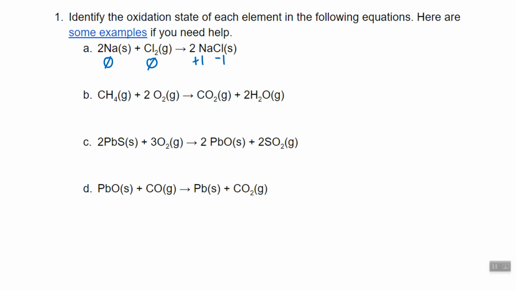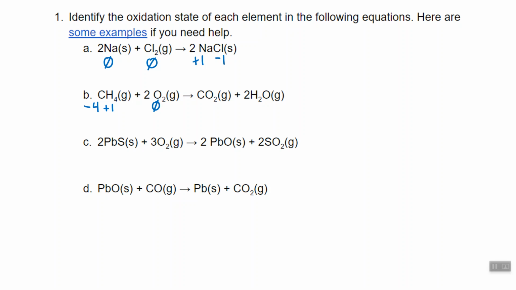In B, we're not forming an ionic compound, so we have to rely on these oxidation states. The oxidation state on hydrogen is +1, and there's 4 of them, so my total positive charge is +4. Because this is a neutral compound, carbon has to be -4. Here we have oxygen gas in its standard state.